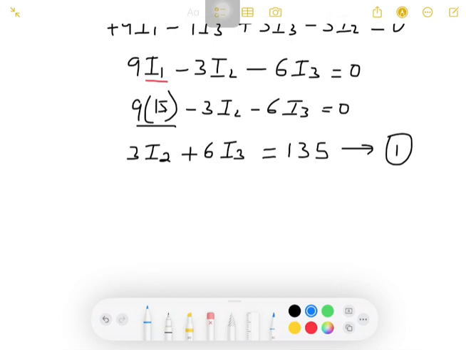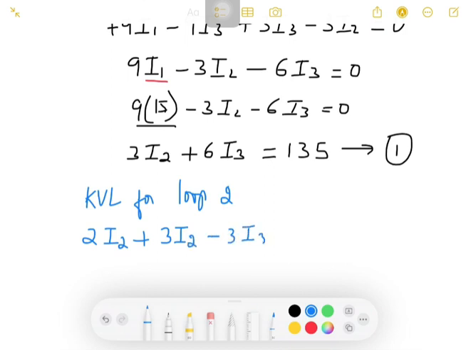Applying KVL for loop 2, where I have 2 into I2 plus 3 into I2 minus 3 into I3 plus 1 into I2 minus 1 into I1 equal to 0.